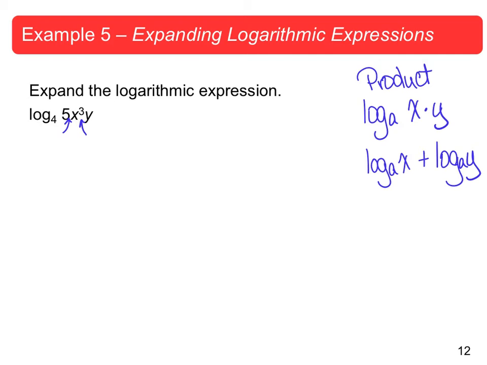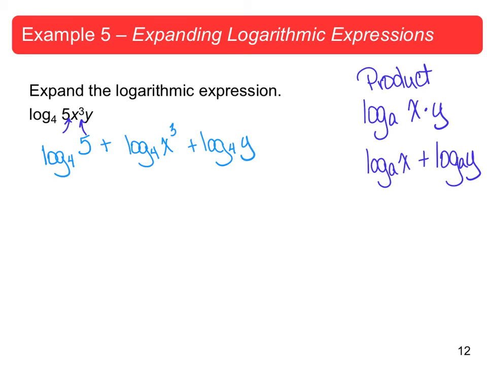Okay? That's what I'm going to do right now. So I've got log base 4 of 5 plus log base 4 of x to the third plus log base 4 of y.